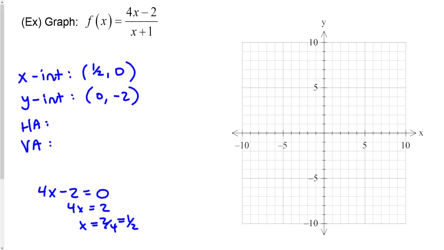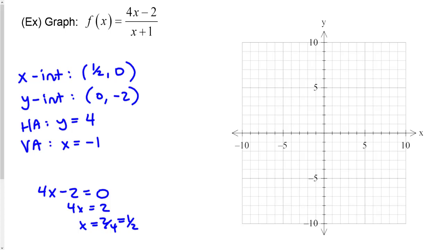Horizontal asymptote, the numerator and denominator are equal degree, so the ratio of the leading term coefficients, 4 and 1, is going to be 4 over 1, or just 4. And the vertical asymptote is going to occur at -1, so we'll express this as x equals -1.